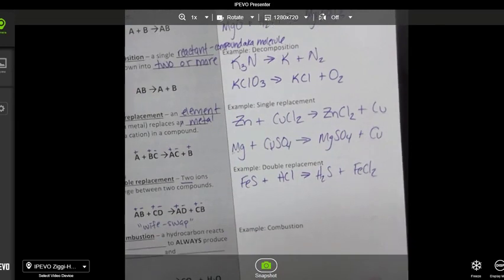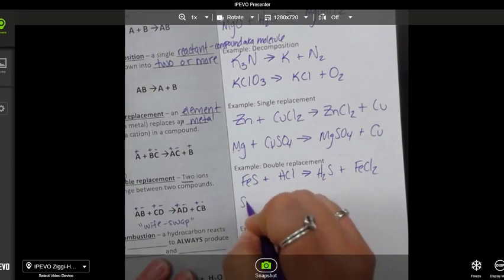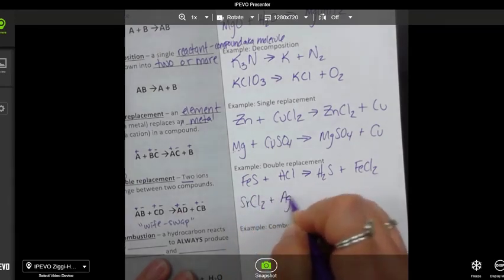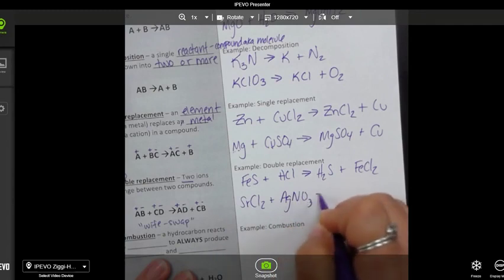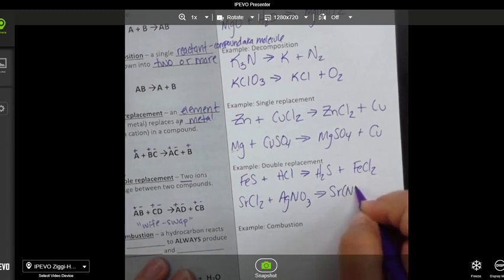All right, and one more example. I guess we can do this one. So if we had SrCl2 plus AgNO3, double replacement, we would end up with Sr(NO3)2 plus AgCl.